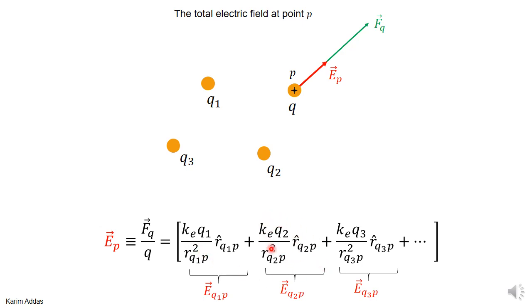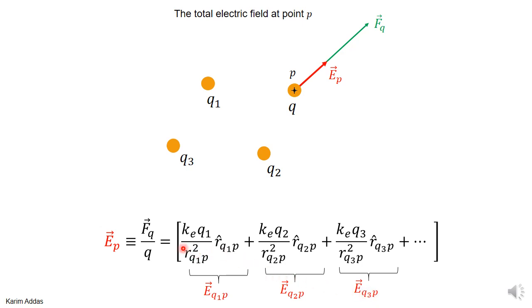And this is the electric field at point P due to charge 2, as if all the other charges didn't exist. And this is the electric field at point P due to charge 3, as if all the other charges didn't exist. So we can write this as E_Q1P, E_Q2P, E_Q3P, and so on.